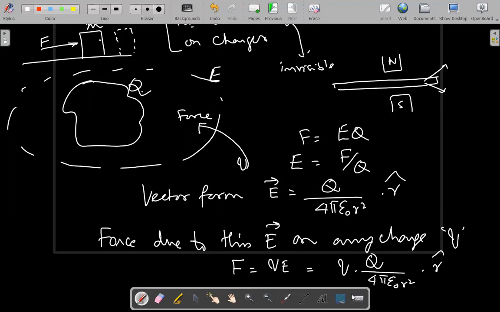This is the expression for the electric force. This we know, and that's why let's label this as Fe, or F capital E. This is the force due to electric field.